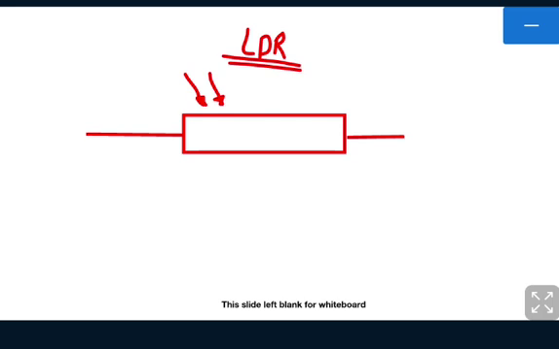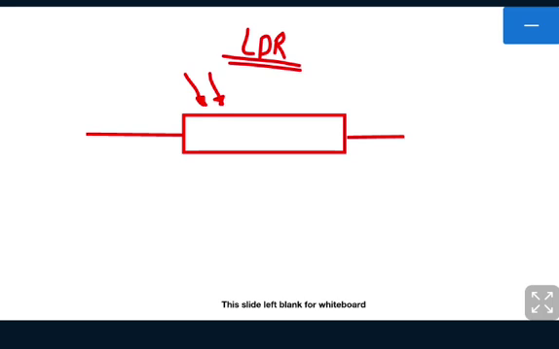So that means in the dark there are low light levels, so the resistance of the LDR is high and little current can flow through it. Should I put that in the dark, light levels are low, therefore the resistance of the LDR is high? Okay.